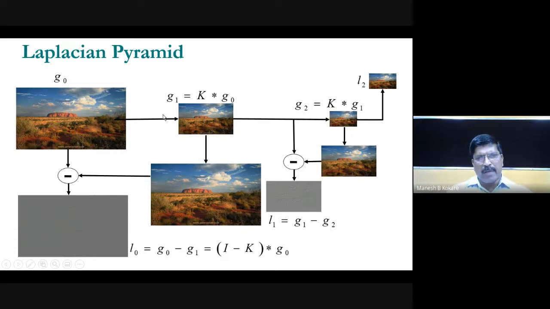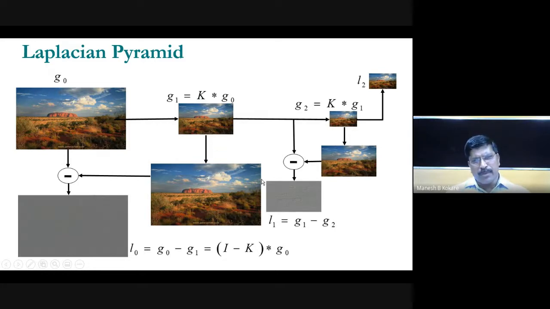When you take the Gaussian filtering of this image, the low pass component will be passed and the high pass will be removed to some extent, so this is the low pass version. After decimating it row wise and column wise, you get an image like this. Again, to obtain the high pass component, you do the upsampling of this one, and you get this image.